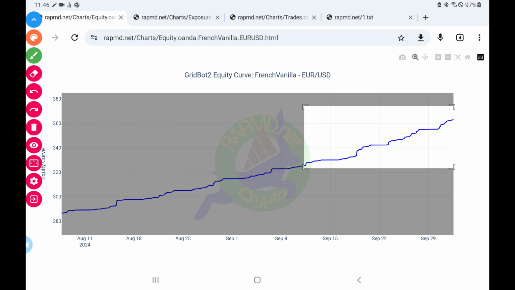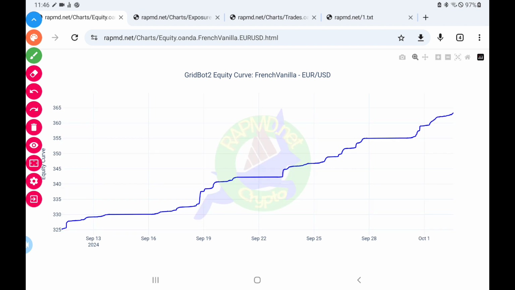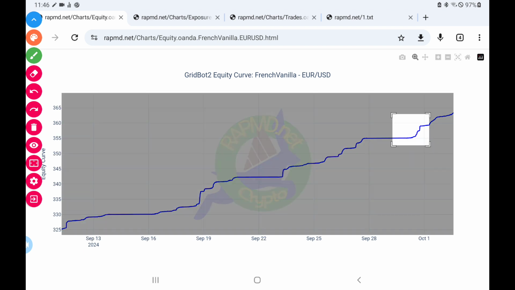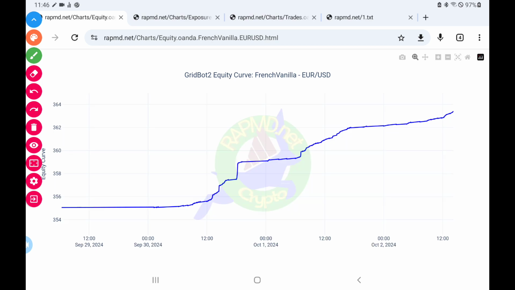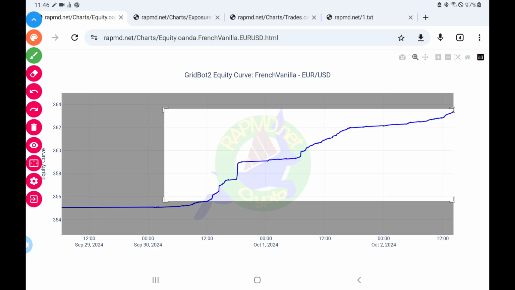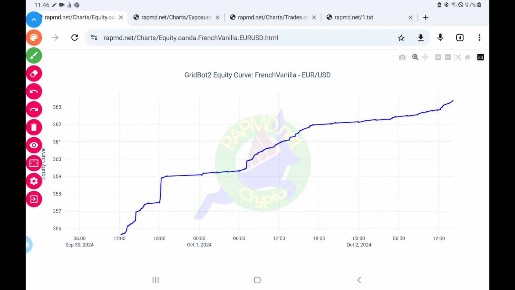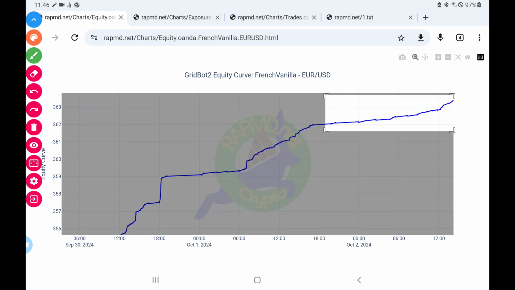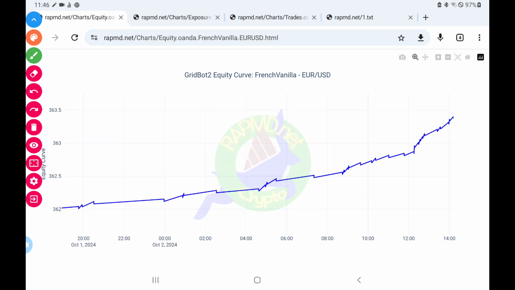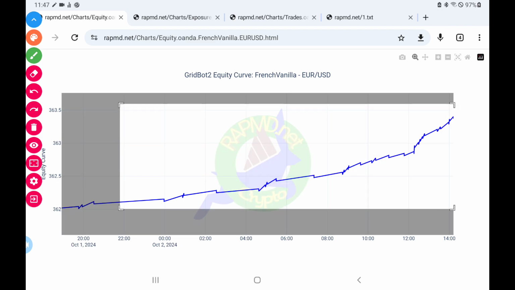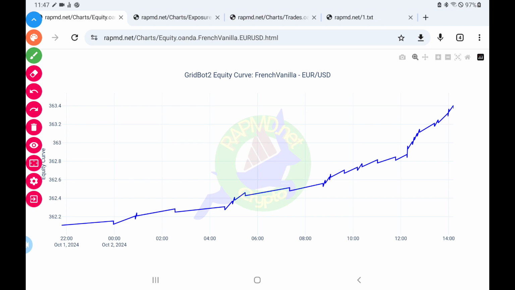So let's zoom in and really look at the equity curve. Take into account the whole different section. And we're going to get in real tight and real close here. Let's go even a little closer. Now we can begin to see the truth behind my technique.